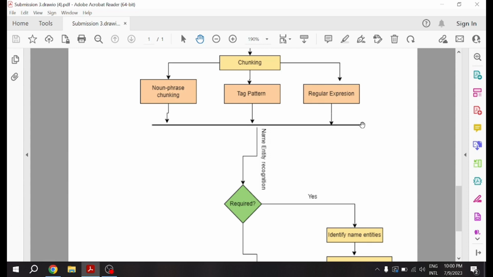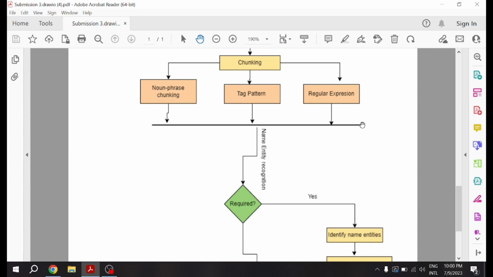Named entities are specific words or phrases that refer to real world objects such as persons, organizations, locations, dates, quantities, etc. Named entity recognition aims to identify and extract these entities from unstructured text.